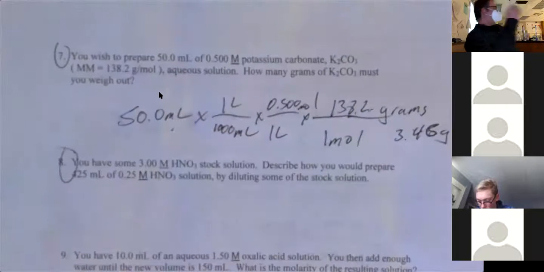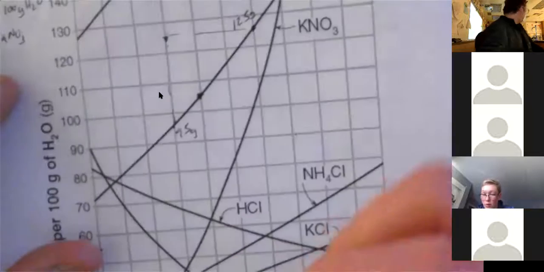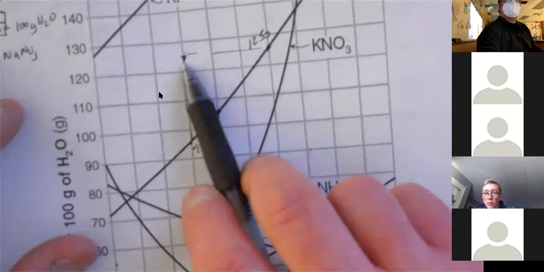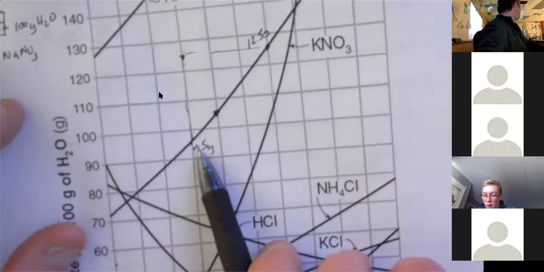My brother used to add more sugar to hot-watered Kool-Aid because he thought it would make it sweeter. But if we saw this, we know it'll dissolve faster, but if he added more at a higher temperature and then it cooled down, some would come out as precipitate on the bottom.